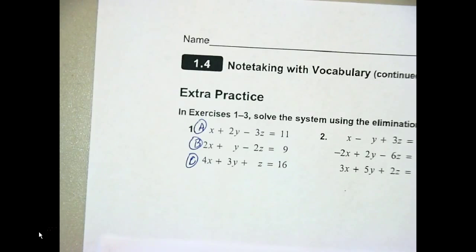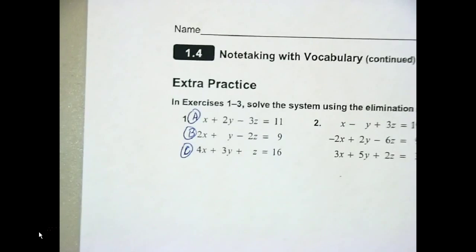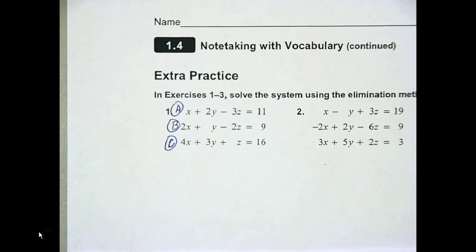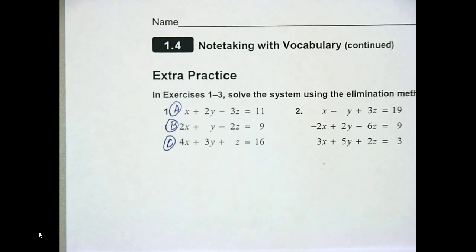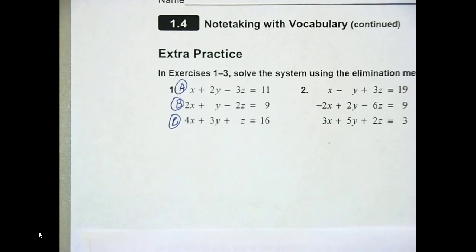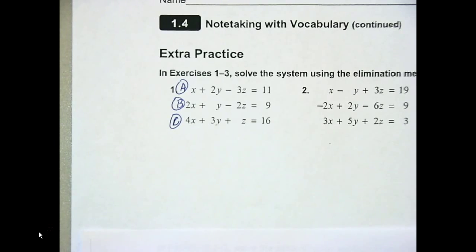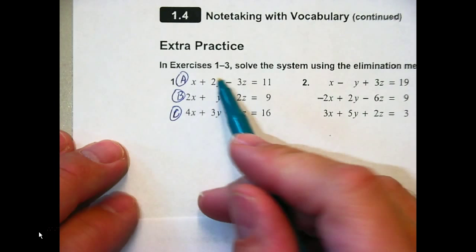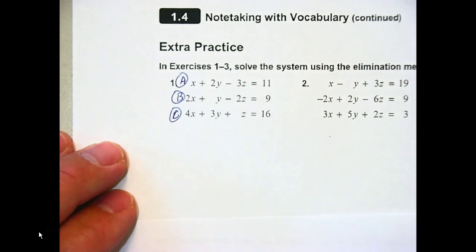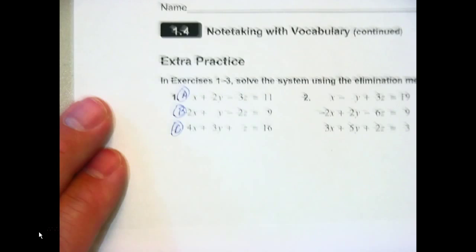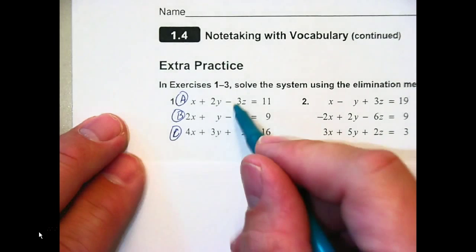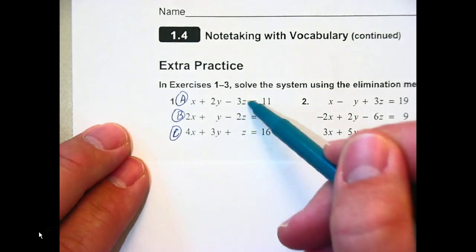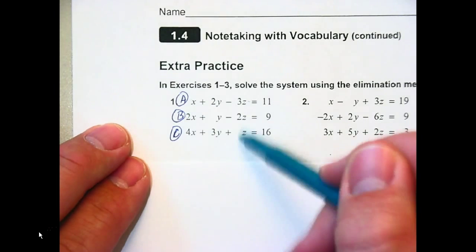On number 1, which variable am I eliminating? It's a little tougher, right? Okay, so maybe we start by eliminating z. So if I multiply like these two, B plus 2C.